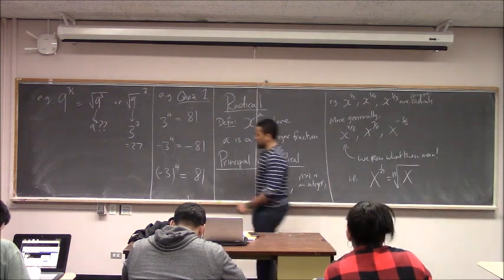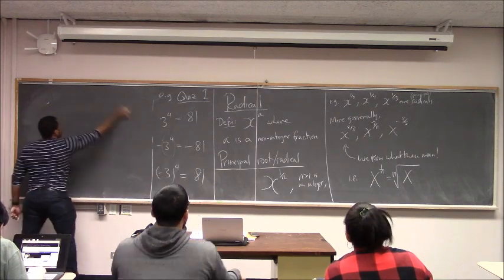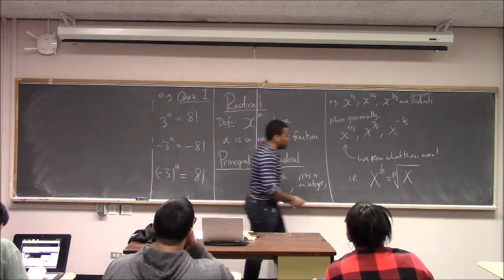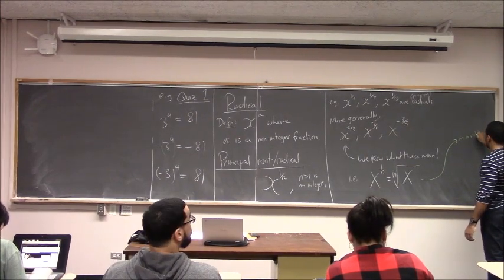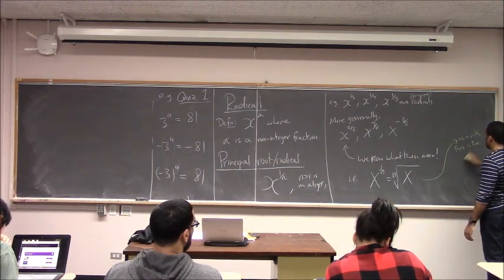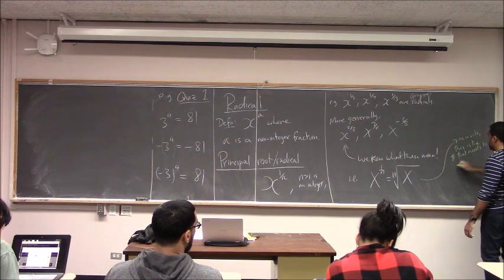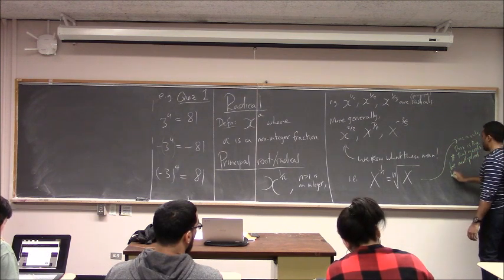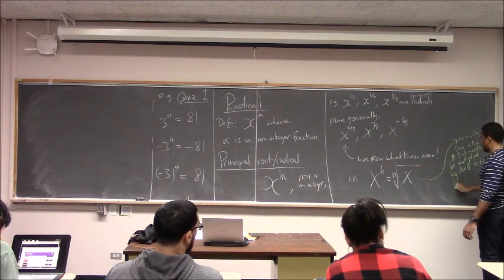Now, it is worth mentioning the domain of this function. So you need to remember, as a rule, this is the number that needs to be multiplied by itself n times to get this.